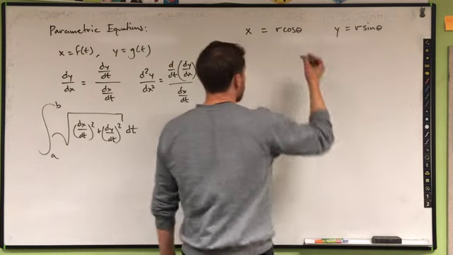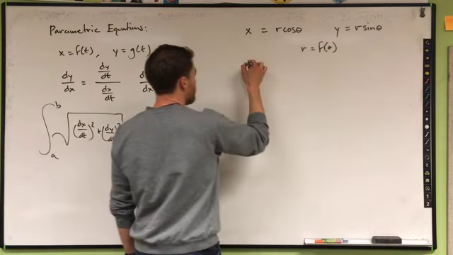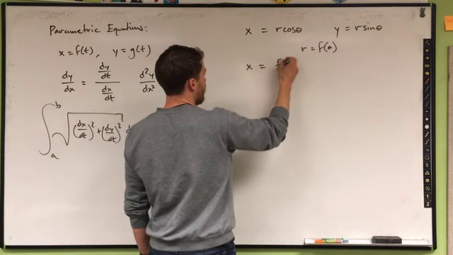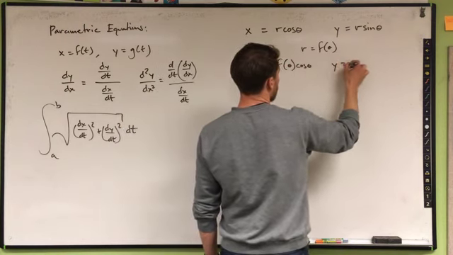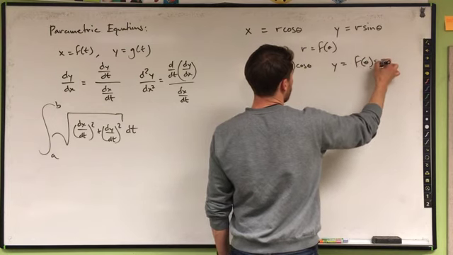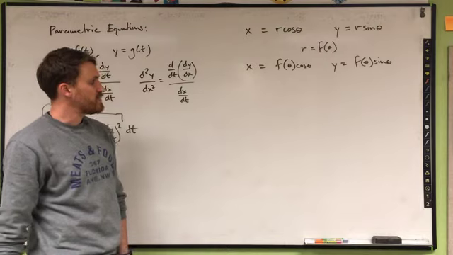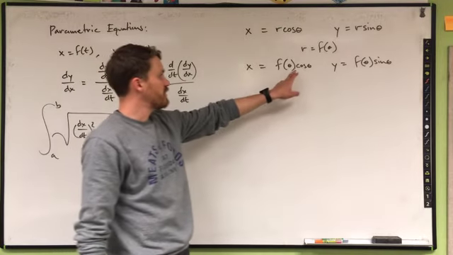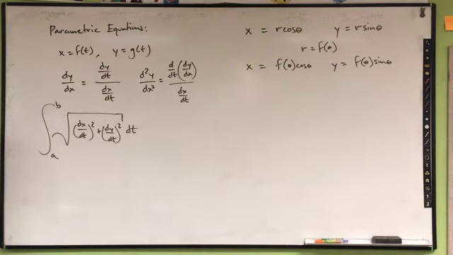But usually we're given r as some function of theta, which means x is actually f of theta times cosine theta, and y is actually f of theta times sine theta. So that gives us parametric equations in terms of theta, where before they were in terms of t.